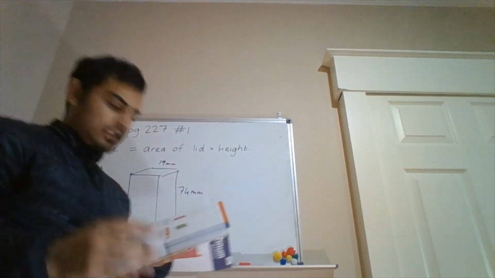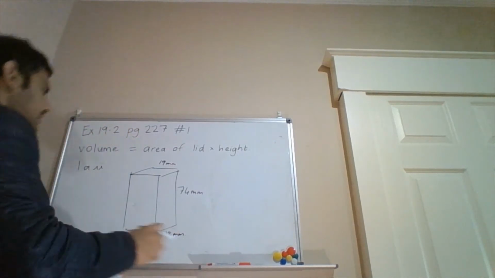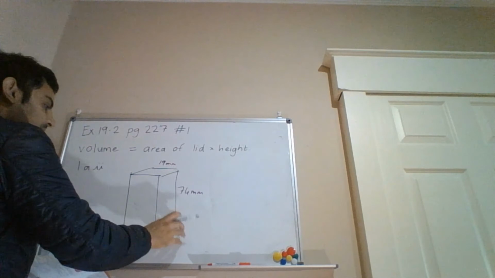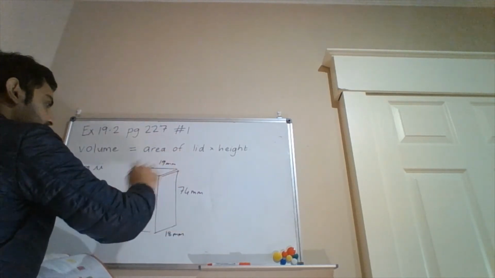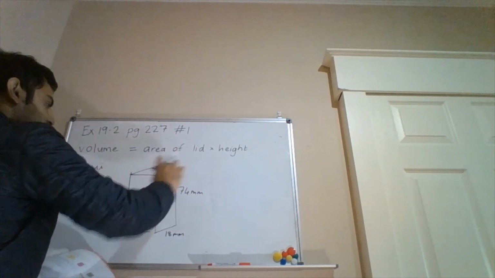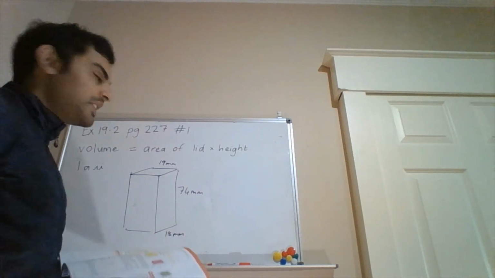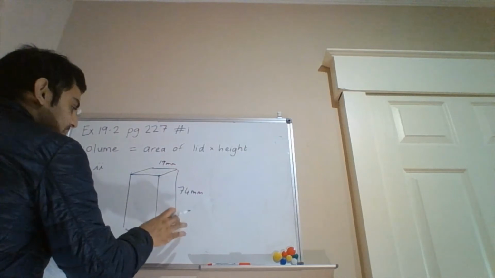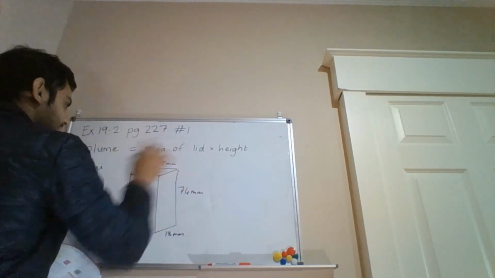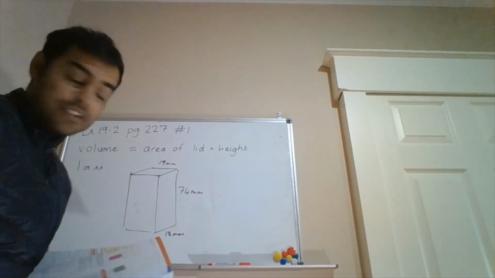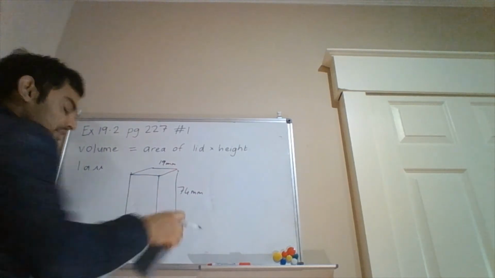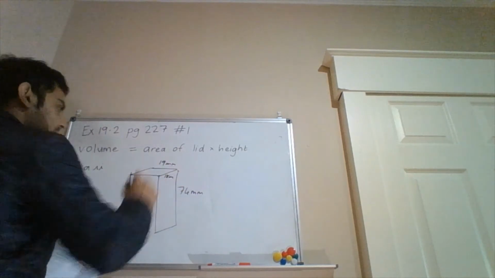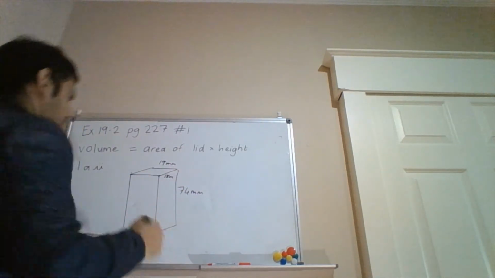This can be a little confusing because now we've got a 19 at the top, a height, but we don't necessarily know the dimensions of all the sides at the top. So did they give us everything we need? Yes, they did. Because we know it's a rectangular box, this side must be the same as this side. So I'm going to re-label this and keep the 18 at the top over here. Now everything is where I want it to be.